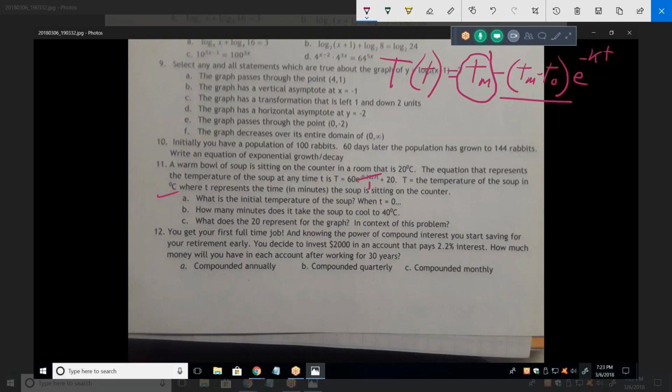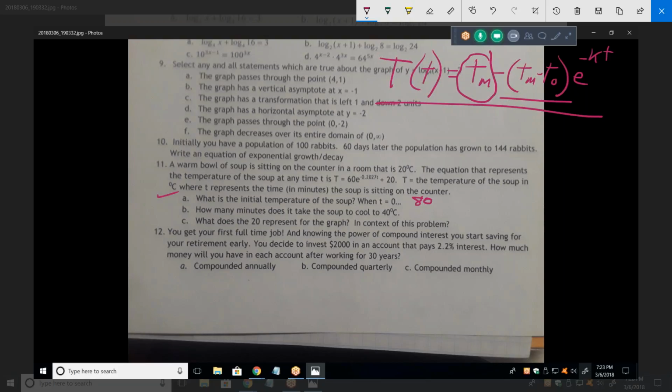I won't erase it because we may need it yet. But don't pay any attention to that. Just plug in 0 for t in the equation they gave us. Right. Yeah, so 60 plus 20, so 80.